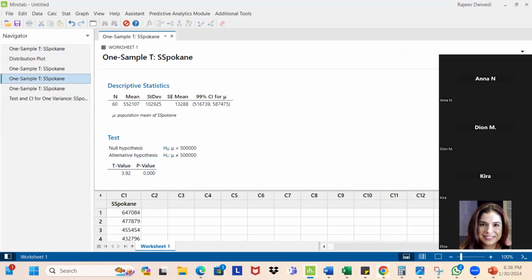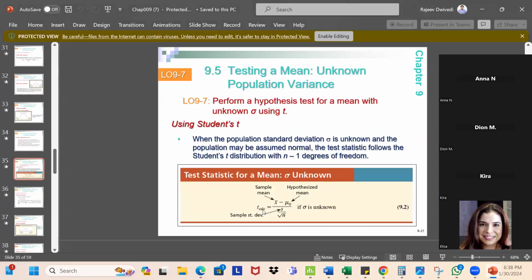How can you do it in Excel? T calculate equals x bar, which is the mean, average, minus the hypothetical value like 500,000, 550, divided by the standard deviation of that sample that you collected over the square root of n, meaning 60, 50, whatever sample you have, and you can do that.